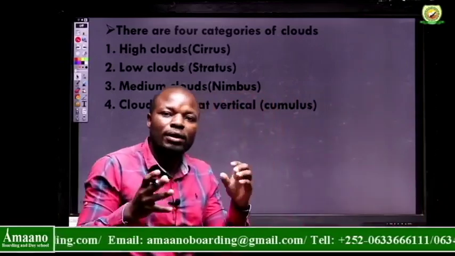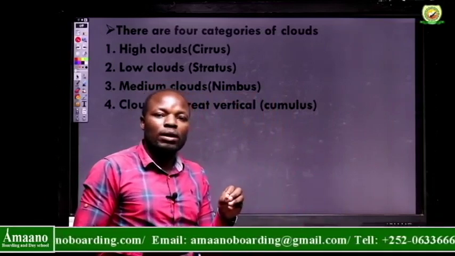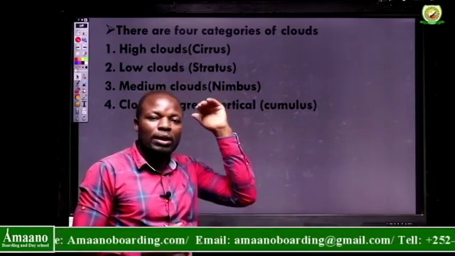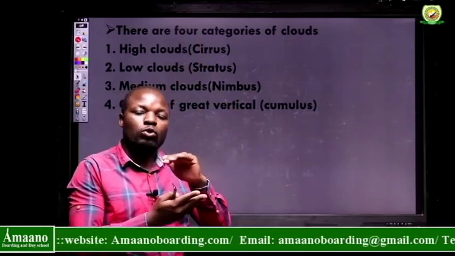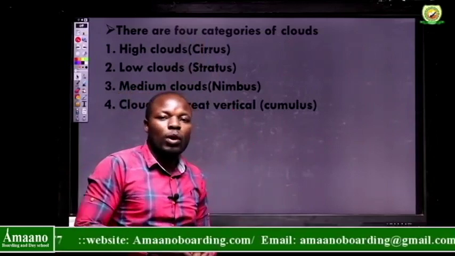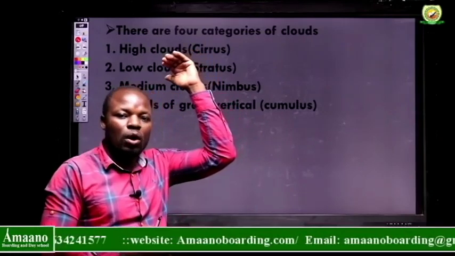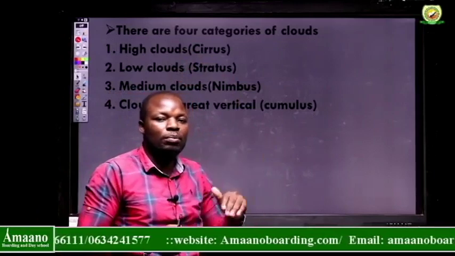From the words themselves, clouds of great height are those clouds that keep on climbing up, and low clouds are clouds that are found close to the surface of the earth, while medium clouds are not found high in the atmosphere. They are also not found low on the surface, but they are at a medium height.